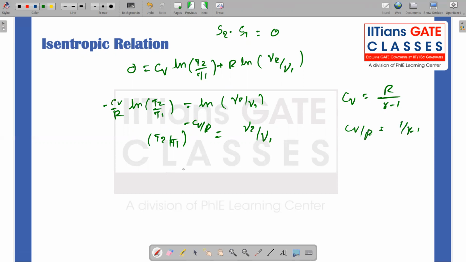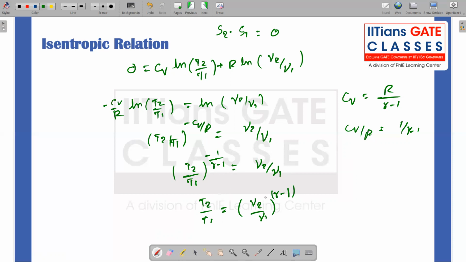So that becomes T2 by T1 to the power of minus 1 divided by gamma minus 1 equal to V2 by V1. Or if I write in terms of T2 by T1, that is T2 by T1 equal to V2 by V1 to the power of minus gamma minus 1, that is reciprocal.